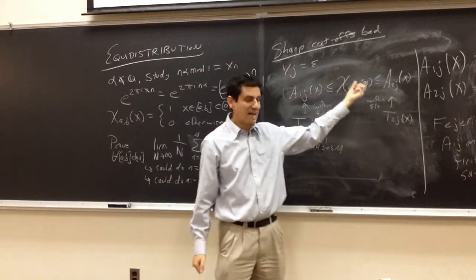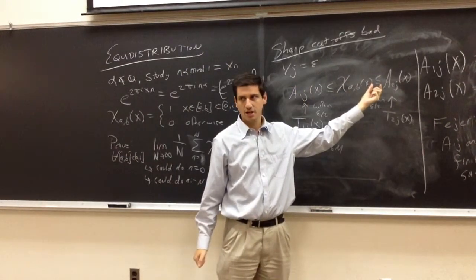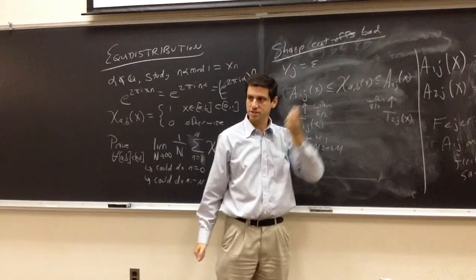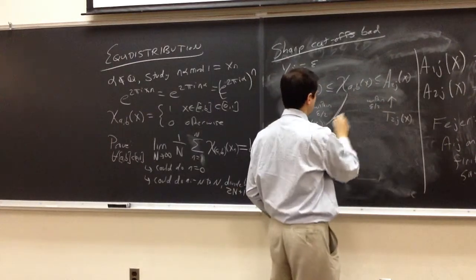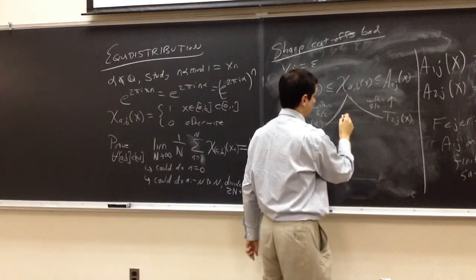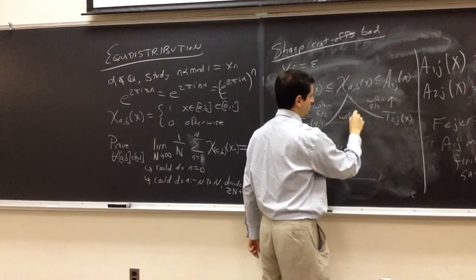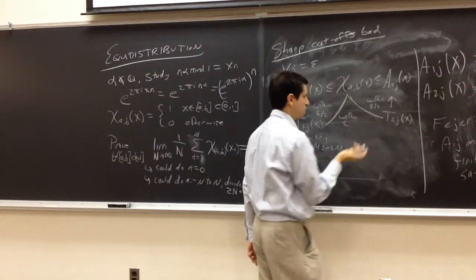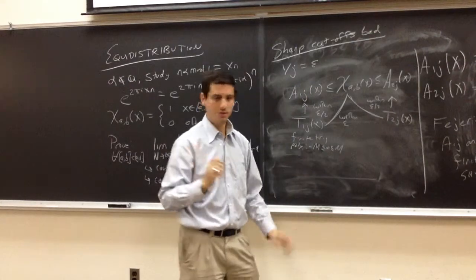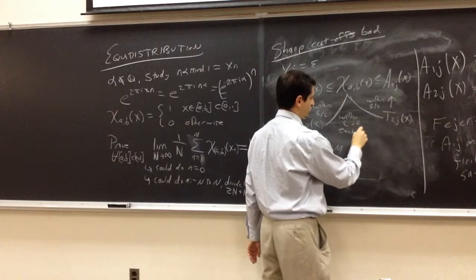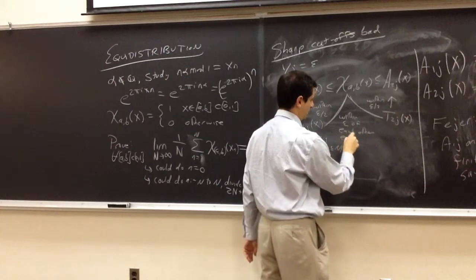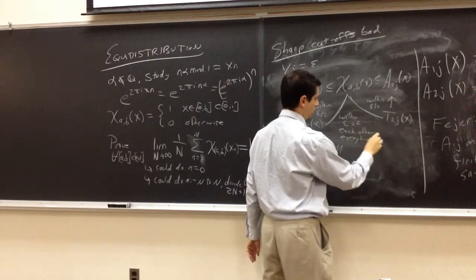Well, this is exactly equal to this, except for a set of very small measure. So what we get is these are within epsilon. Actually, they will be within epsilon over 2, but they'll be within epsilon of each other, except on a very small set.